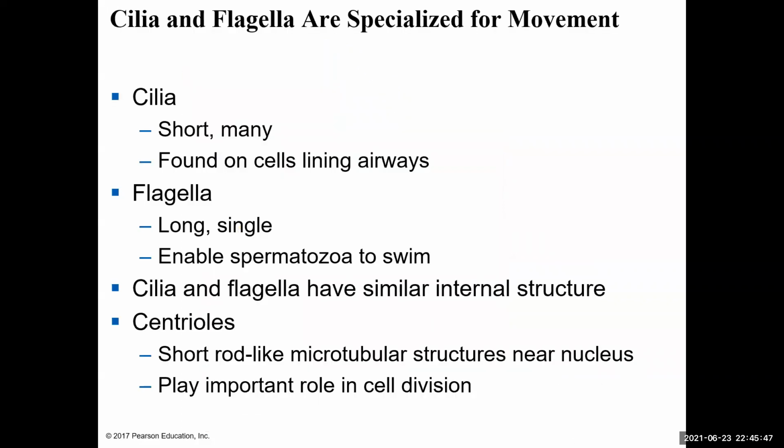Those proteins in the membrane serve as an attachment site for the cytoskeleton components. For the movement part, the cilia, like I mentioned, are short, little finger-like projections, and there are usually a lot of them. One of the more common places to find cilia is in our airways, our respiratory tract.